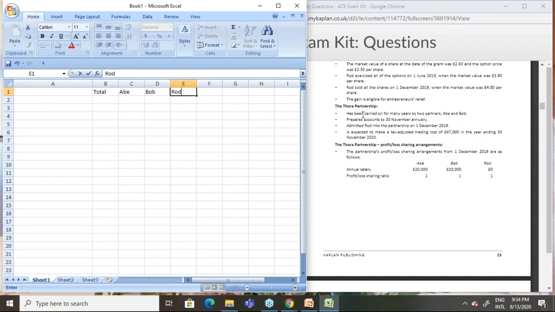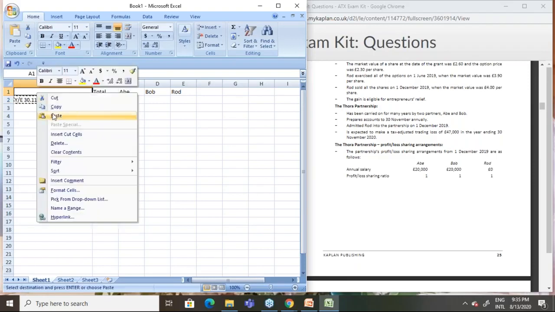He joined on the 1st of December 2019. They have given the loss for the year ended 30th November 2020. The total loss is 47,000 pounds.